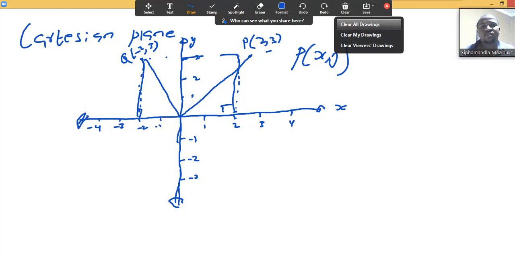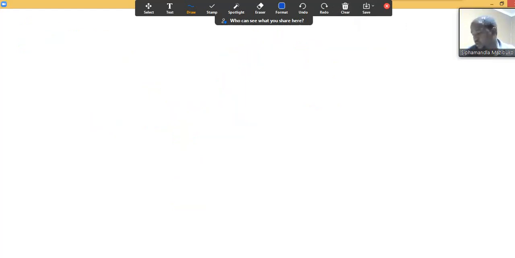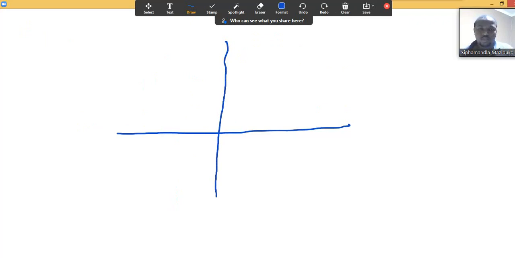Let's quickly look at the quadrant, and now we're introducing the angles as well. Normally we can say this is our 0 degrees, then this is 90 degrees, this is 180 degrees, this is 270 degrees.